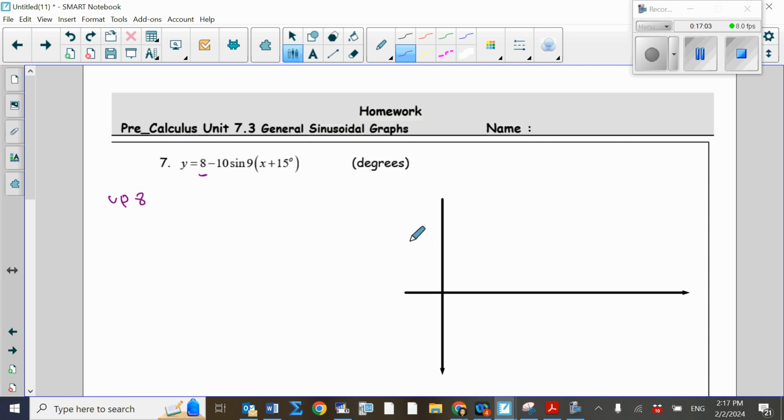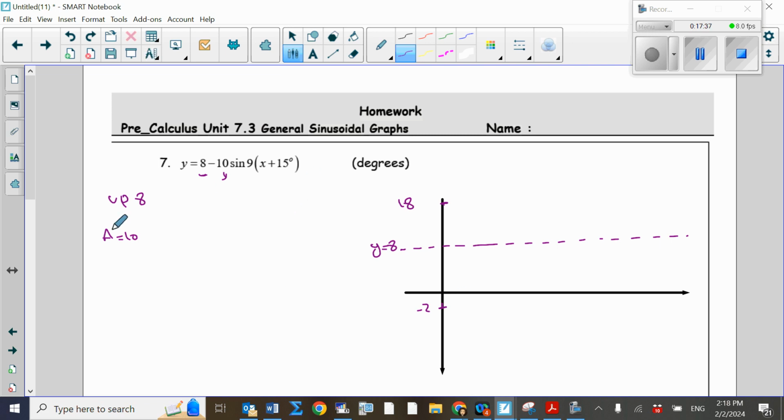So the horizontal midline of the function is at y equal to 8. Then we need to find the maximum and minimum points, which come from this a value, which is equal to 10. So we go 10 up at 18 and 10 down, which is at -2. That's going to be the lowest point of the function, maximum and minimum point.